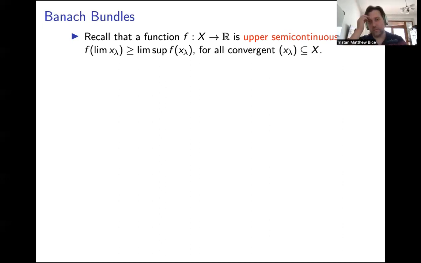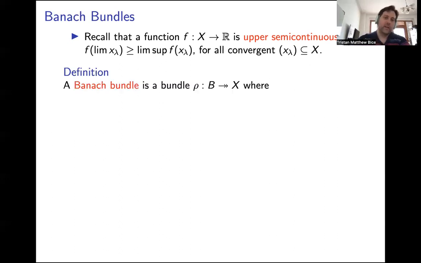And you can check this will define a basis for your topology. In fact, that will even define a topology. It's not just a basis. And upper semi-continuity really means continuity with respect to this much weaker topology on R. But that's just a side comment. You don't need to worry about this. Maybe this explicit definition is probably more useful.